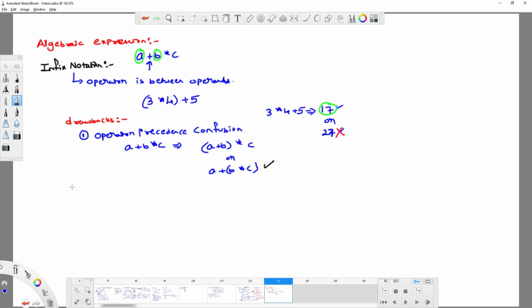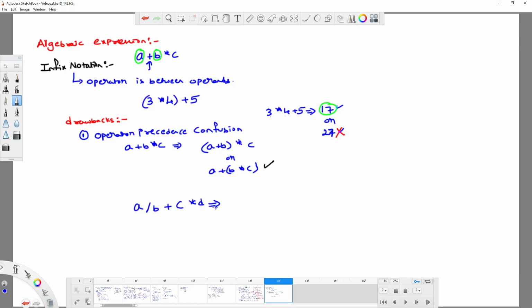Let's take one more example: A divided by B plus C into D. This is one more kind of expression. Now in this expression, how are we going to deal with it?